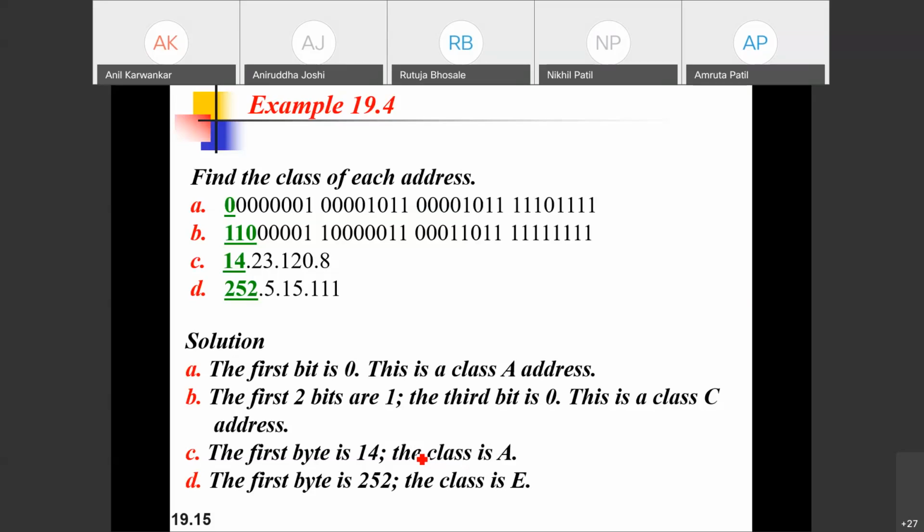Concentrate on, if it's the binary representation, the first 4 bits.